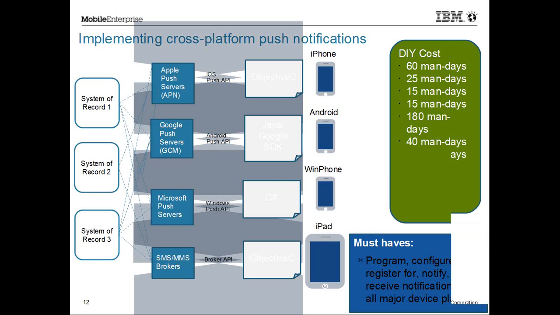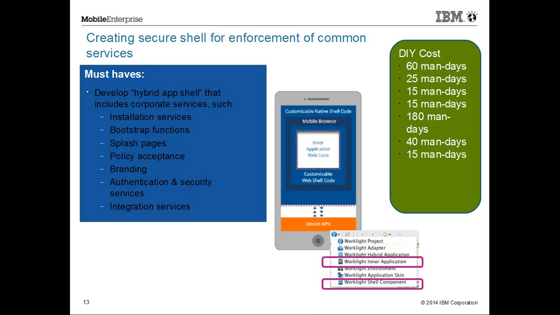So I can create a common shell or encapsulate this information in such a way that when I build the third app and fourth app and fifth app, I don't need to build that all over again. I can create a secure shell which could enforce it. Right? So building something like this, which is a best practice and which will ensure that you reuse a lot of your assets, will be something like about 15 man days.